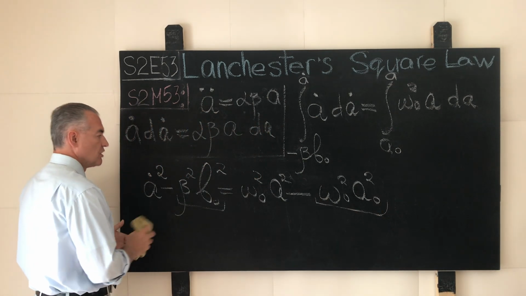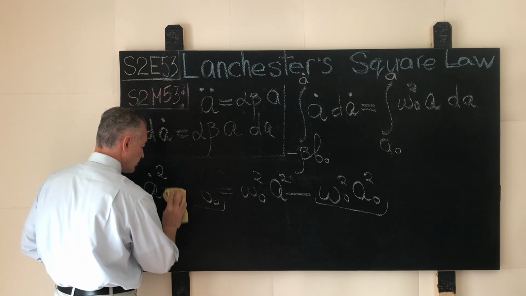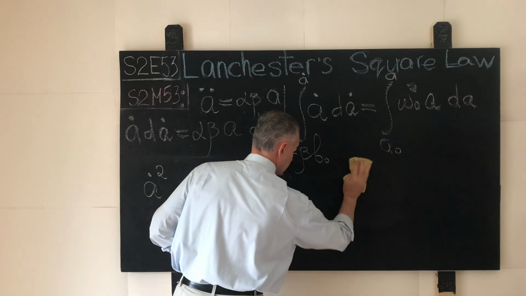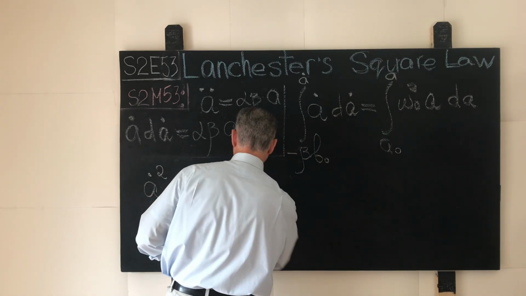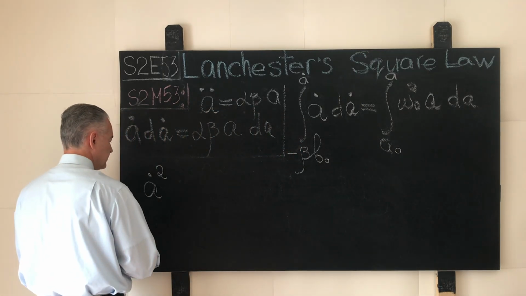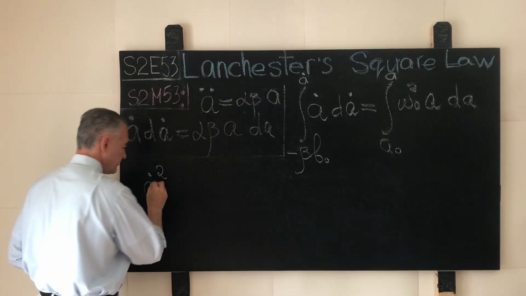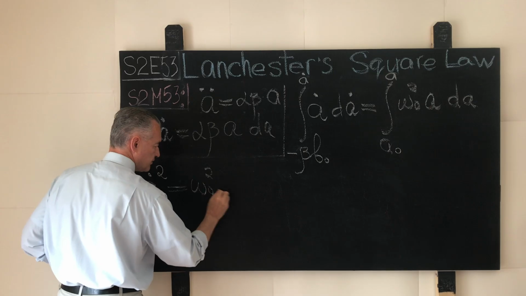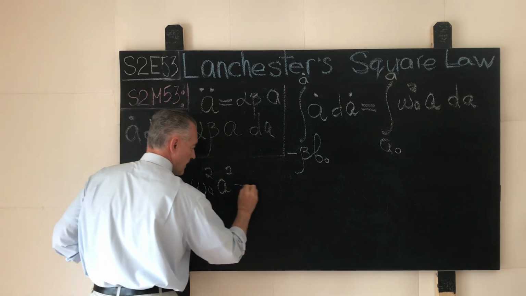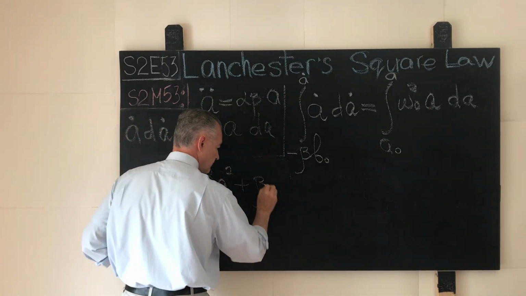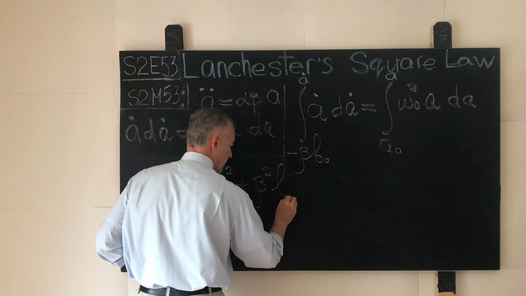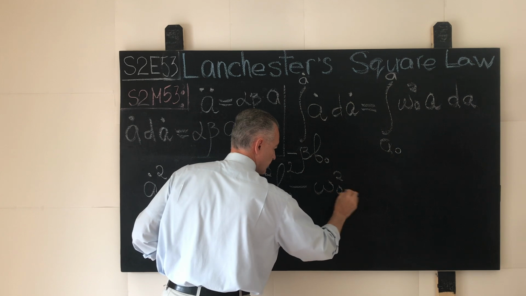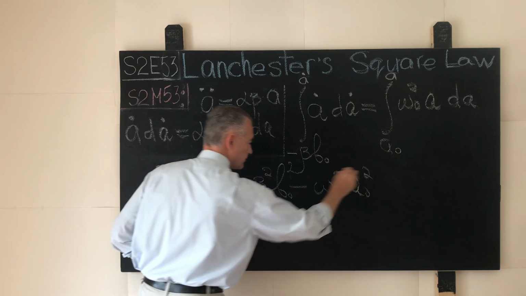We gather all these constants on one and the same side of the equal sign. Exactly. So in your records, you write this. The first derivative squared of a is equal to omega_0 squared a squared plus beta squared b0 squared minus omega_0 squared a0 squared.